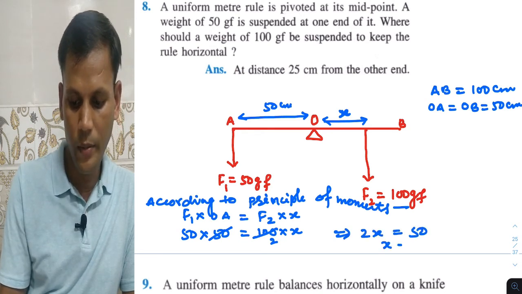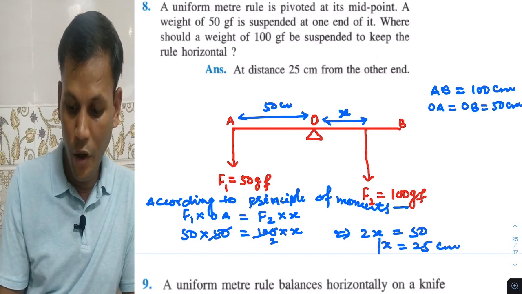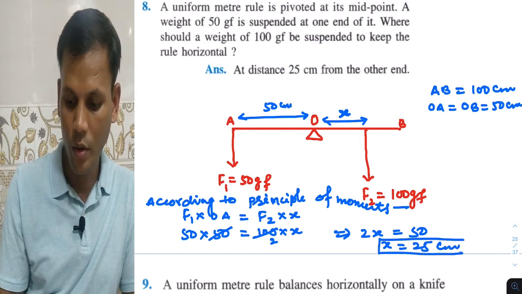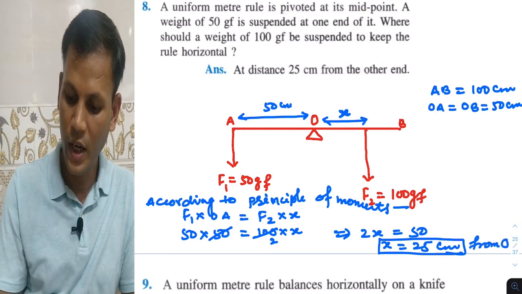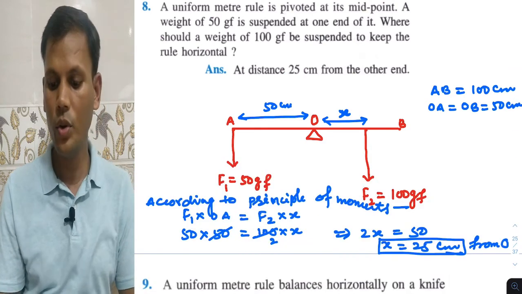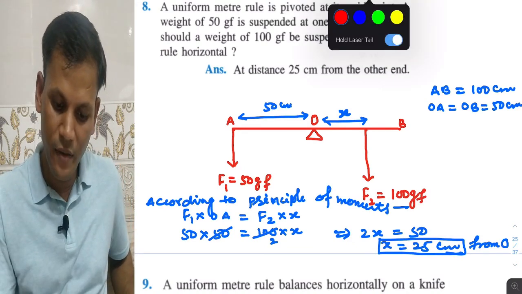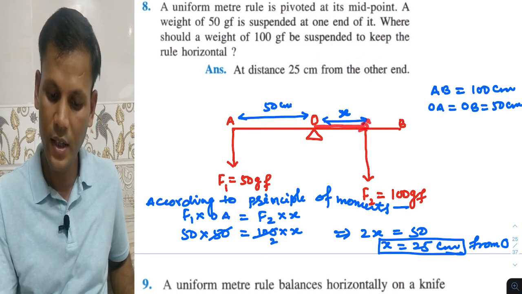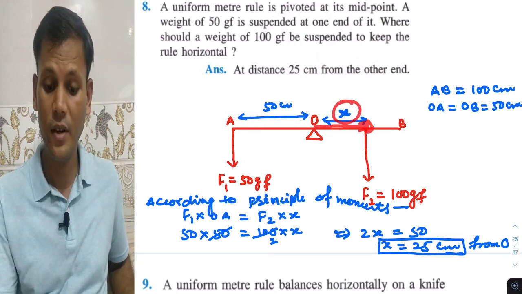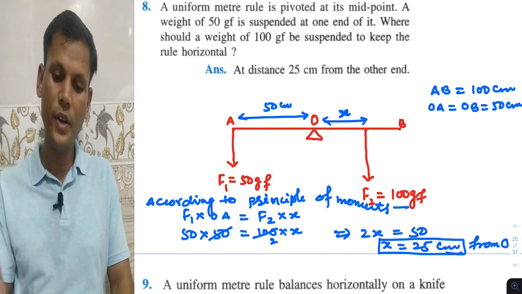So x will be 25 centimeter from point O, on the other side. Sorry, it's not 50, it's 25 centimeter. So we get the answer.